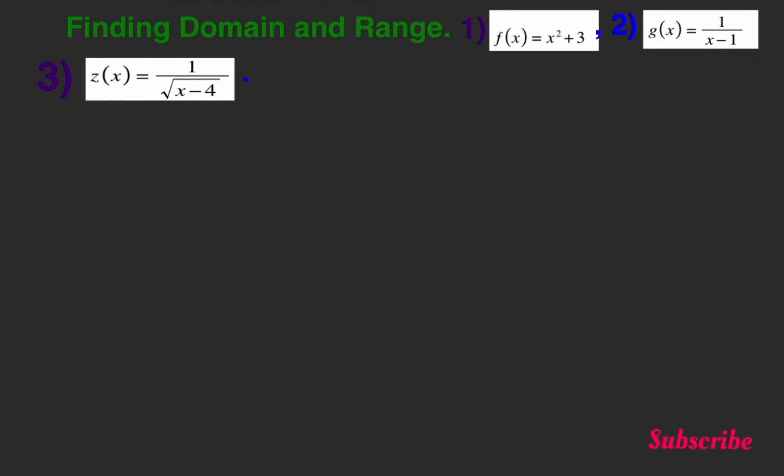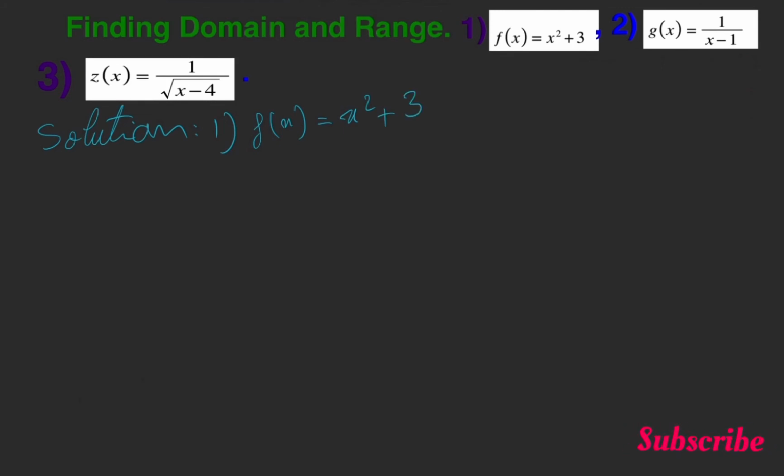So let's find the domain and the range of those functions here. Let's start with number 1. Solution. Number 1. We have f of x is equal to x squared plus 3.